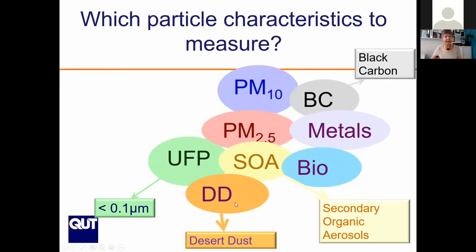Desert dust, like this dust coming from the drying bed, and in areas which are subjected to dust in the outback, this is important. Biological aerosols, for example, pollens or viruses, and finally, secondary organic aerosols, these which are formed in the air. Which one to choose? Well, we'll answer this question in a moment.